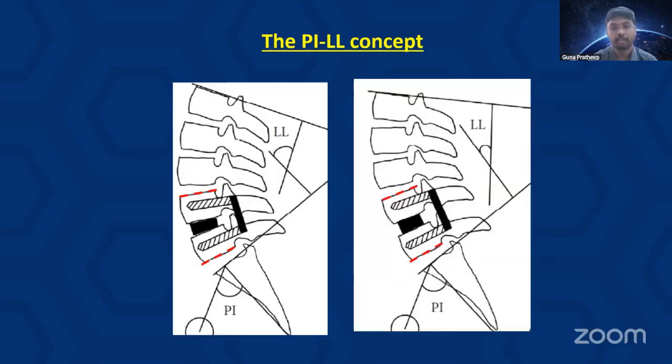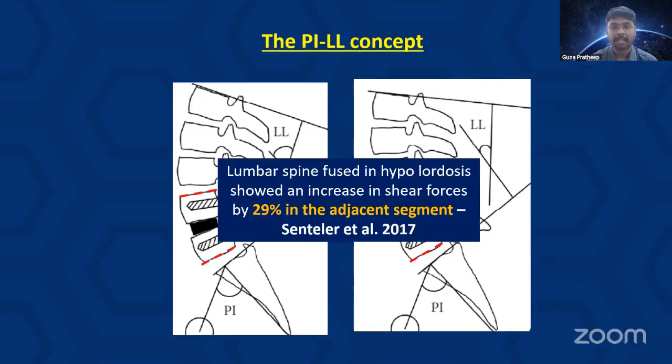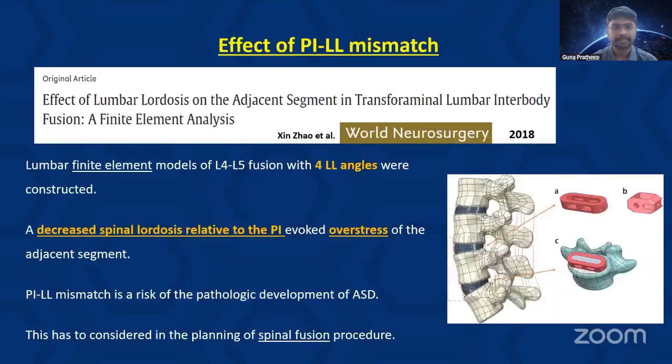On the other hand, if you fuse the segment in a relatively neutral position, causing a flat back at L4-5, your overall lordosis gets decreased, and this results in a hypolordotic lumbar spine. In a lumbar spine fused in hypolordosis, there is a significant increase in shear forces of about 30%, shown across various studies. So even in a single or double level fusion, it is highly essential to respect the segmental lordosis and fuse accordingly within those parameters.